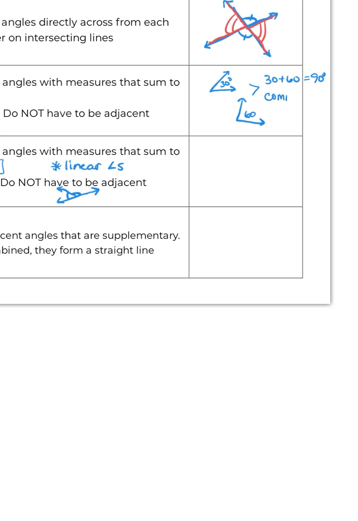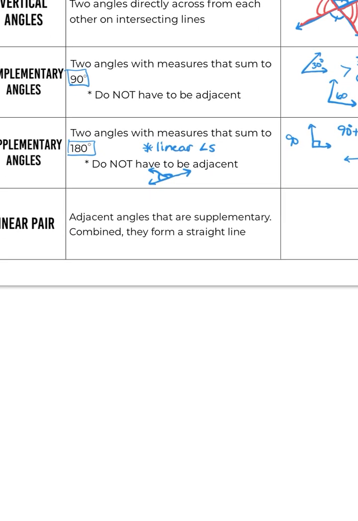So again, they don't necessarily have to be on the same line. I could do a 90 degree angle here and a 90 degree angle over here, and they are supplementary because 90 plus 90 is 180.